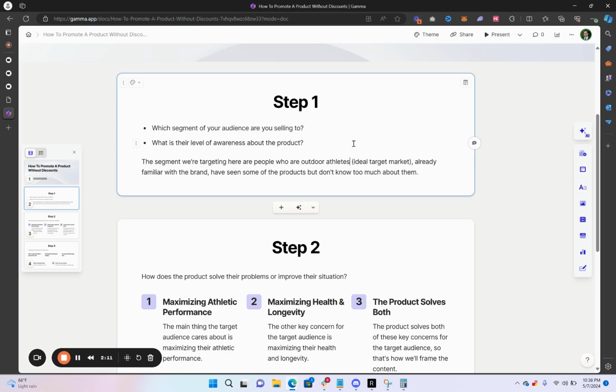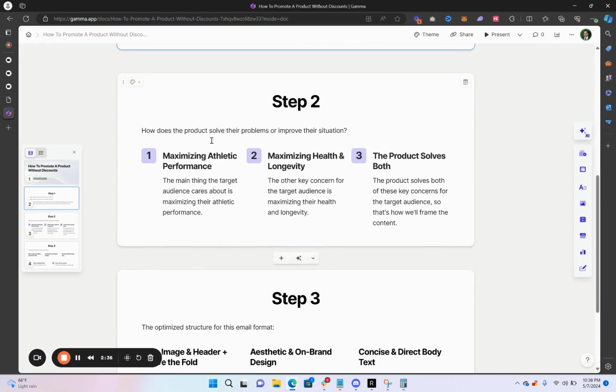A lot of people are going to be scrolling their phone and they have really short attention spans, especially with emails. They receive like 30 different emails from different brands on a daily basis, so you want to deliver this in a way that they'll actually be able to scan through it and perceive the value of the product. So that's step one.